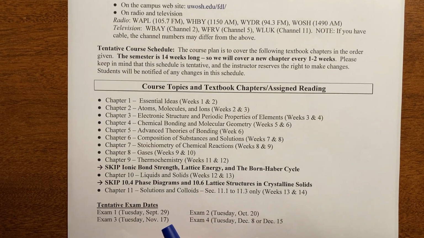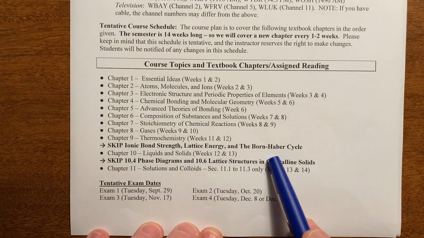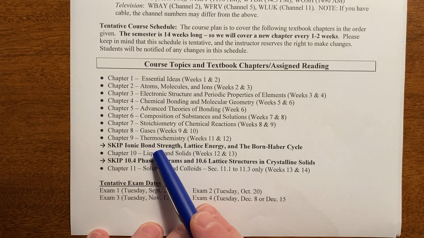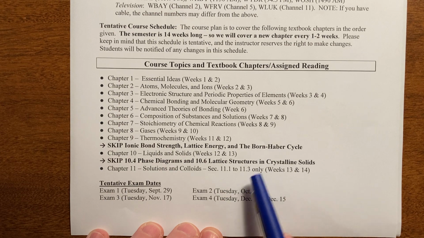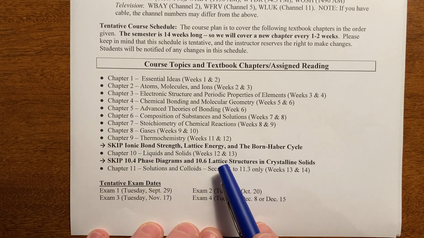Ideal gas laws will be covered later in the class. We'll talk a little bit about heat exchange, what's called thermochemistry. You'll do an experiment called coffee cup calorimetry, where you'll use styrofoam cups to calculate the heat of a reaction. We're going to skip the topics in Chapter 9 that deal with ionic bond strength, lattice energy, and what's called the Born-Haber cycle.